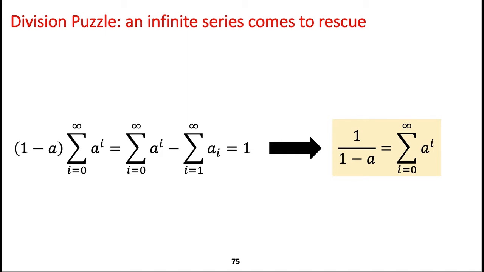So think of the multiplication 1 minus a multiplied by the infinite series a to the power i, i goes from 0 to infinity. When we do the multiplication, we get 1. So 1 over 1 minus a is the infinite series a to the power i, i goes from 0 to infinity.